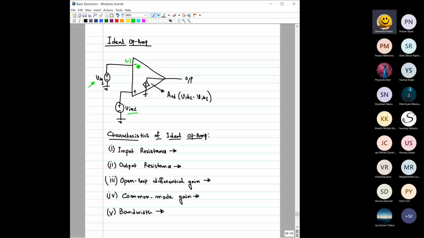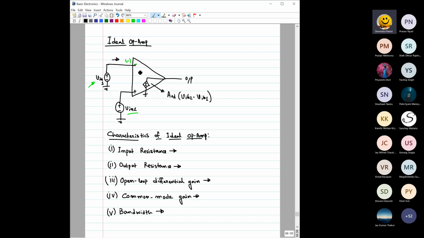Between these two input terminals, inside, they are actually open. Maybe I can show it like this. Inside, they are open, meaning these two input terminals are not connected. Now if you look from here, what input resistance will you see? As this terminal is open, you will see that after that there is nothing.